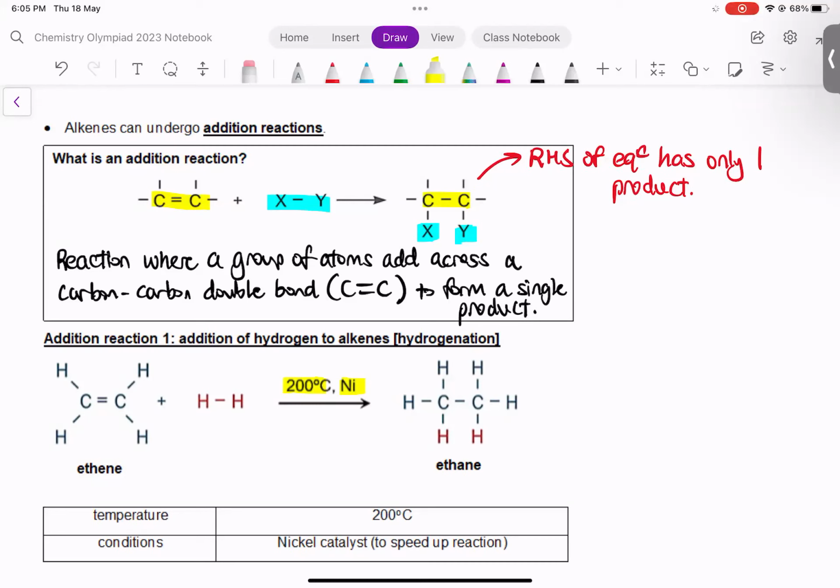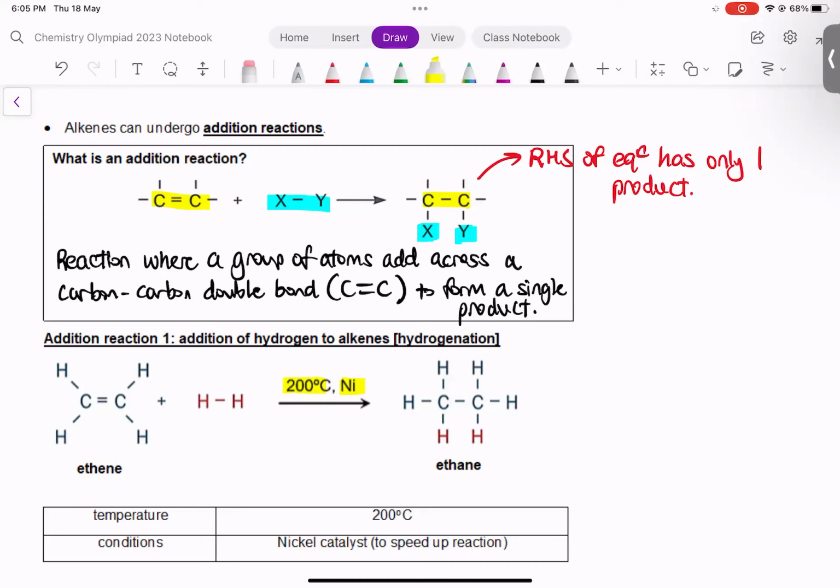So what do you notice? When the hydrogen adds to the carbon-carbon double bond, the double bond is gone. It went from ethene to ethane, alkene to alkane. So if you wanted to convert alkenes to alkanes, you add hydrogen at 200 degrees Celsius in the presence of a nickel catalyst.